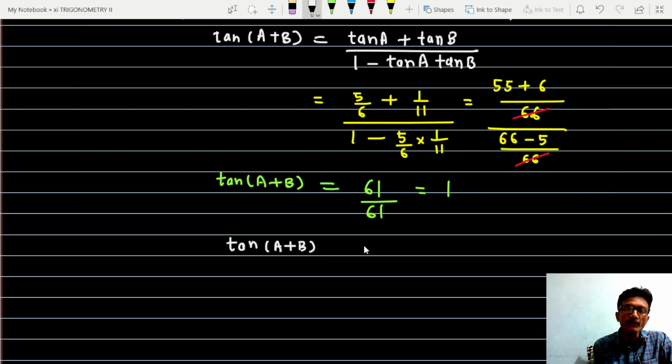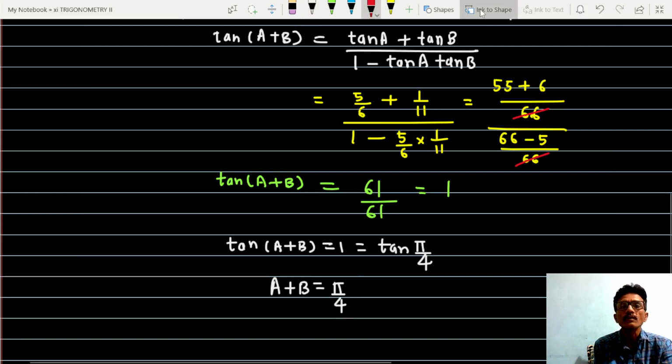So what did you infer? Therefore it is tan of pi by 4, that means A plus B is equal to pi by 4. We are interested to show this. So how can we show it?